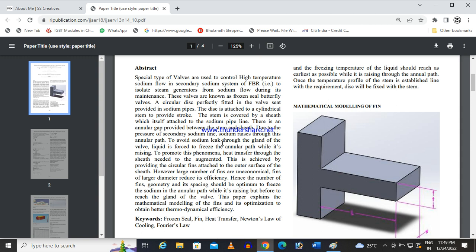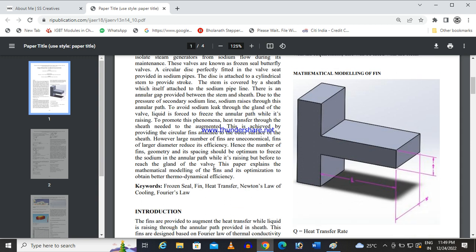So to avoid the sodium leak through the gland of the valve, the liquid is forced to freeze in the annular path while it is rising. To promote this phenomenon, the heat transfer through the sheath needs to be augmented. This is achieved by providing circular fins attached to the outer surface of the sheath.